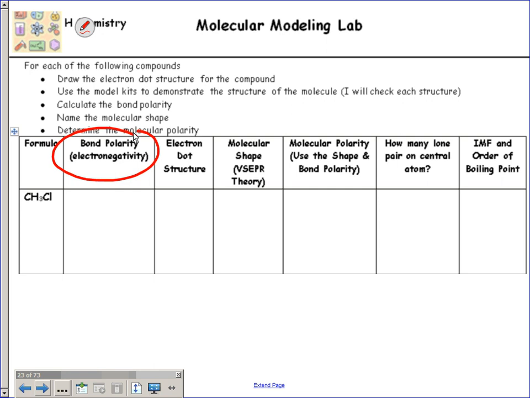All you're going to be doing, for example, CH3Cl, I need you to pick carbon to be your central atom. So when you're drawing your electron dot structures as well, you're going to be doing both of these columns because you can't really figure out the bond polarity until you figure out what it's connected to, right? So, for example, carbon is going to be in the middle. Carbon loves to bond.